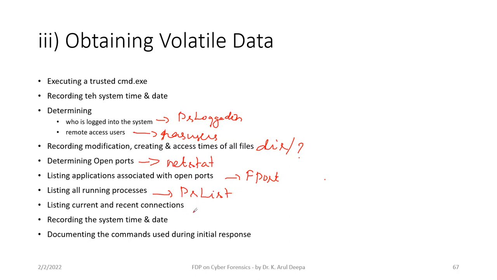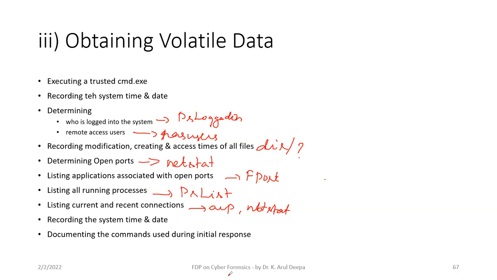Current and recent connections can be obtained with nbtstat and arp. Those commands can be used.